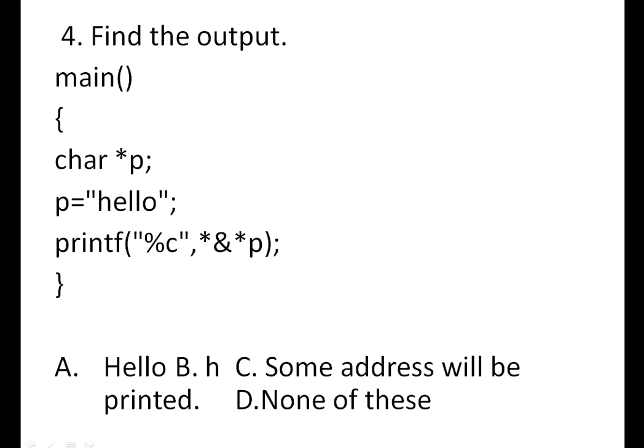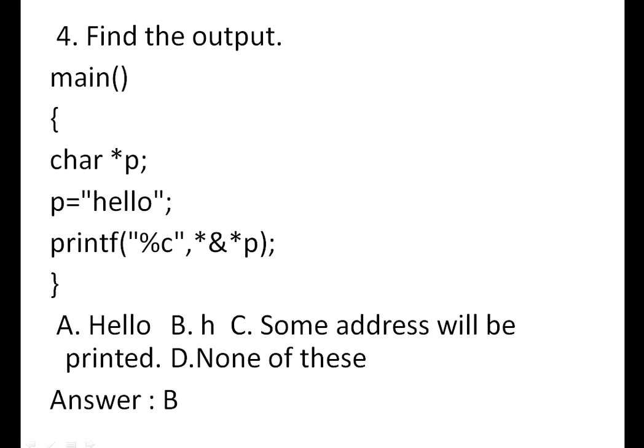What is the value at the starting address? H. And ampersand is that address. Again star is that value. So you can cancel star and ampersand. So star and ampersand will get cancelled, and *p is nothing but, what is p? The address of the starting address of this string. In the starting address, what value do you have? H. So it will give the output as h.